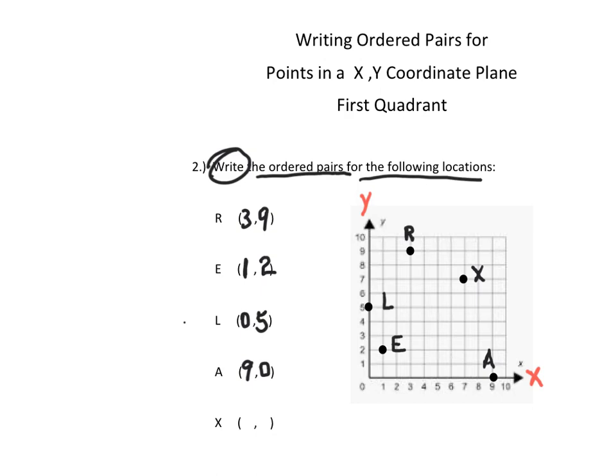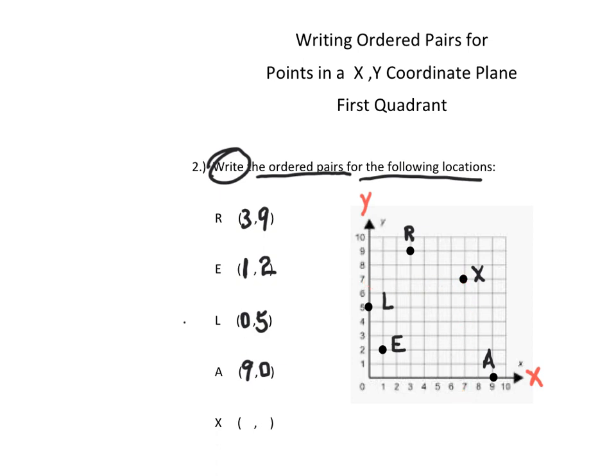And then we have point X. Point X is at 7 on the x-axis and 7 on the y-axis.